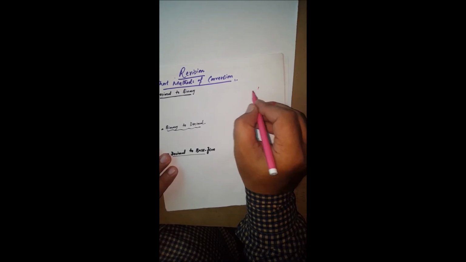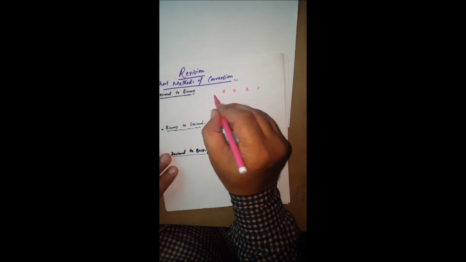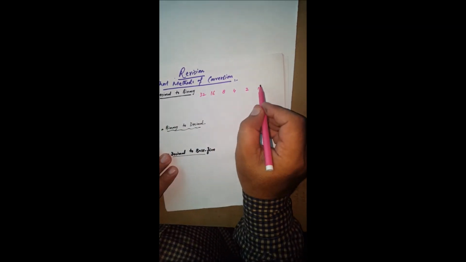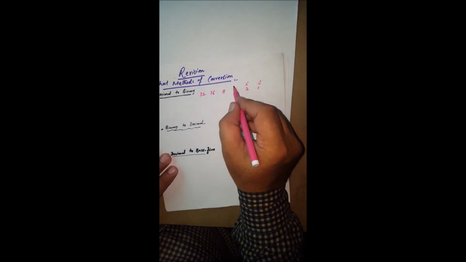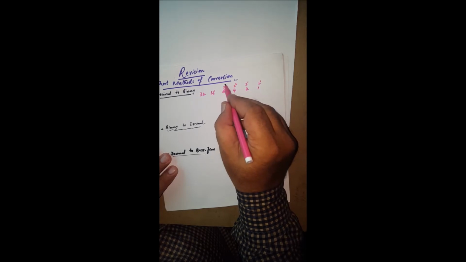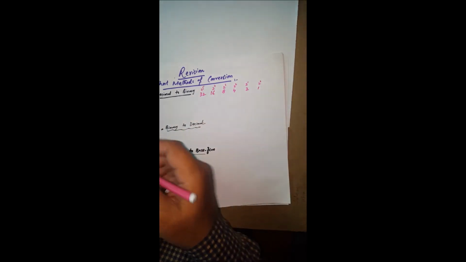That's 1, 2, 4, 8, 16, 32, and so on. 1 means 2 power 0, 2 means 2 power 1, 4 means 2 raised to the power 2, 8 means 2 raised to the power 3, 2 power 4, 2 power 5, and so on.